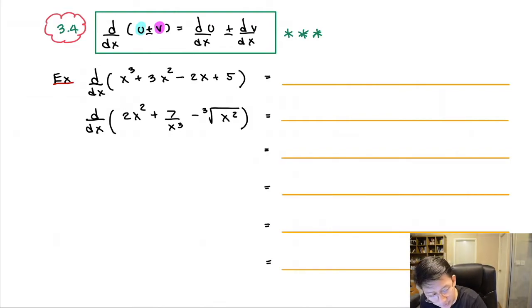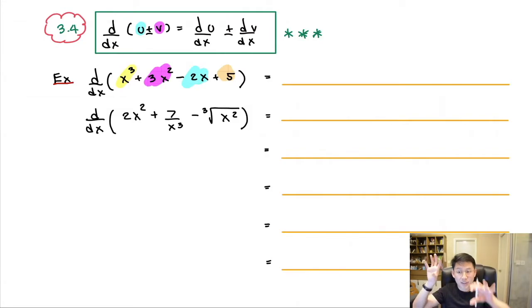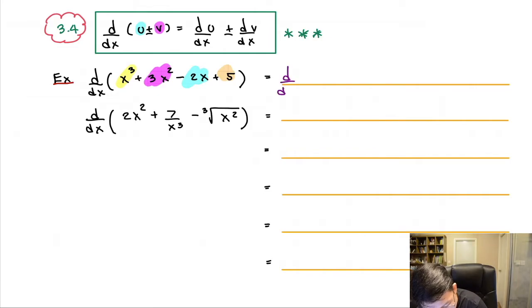Here, as you can see, there are 1, 2, 3, 4 functions, right? It's x cubed plus 3x squared, and that's like the sum of functions, right? So you can do it like this, right?